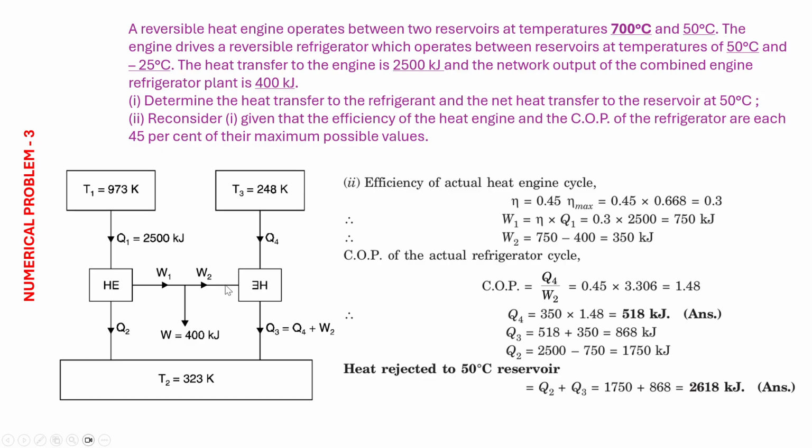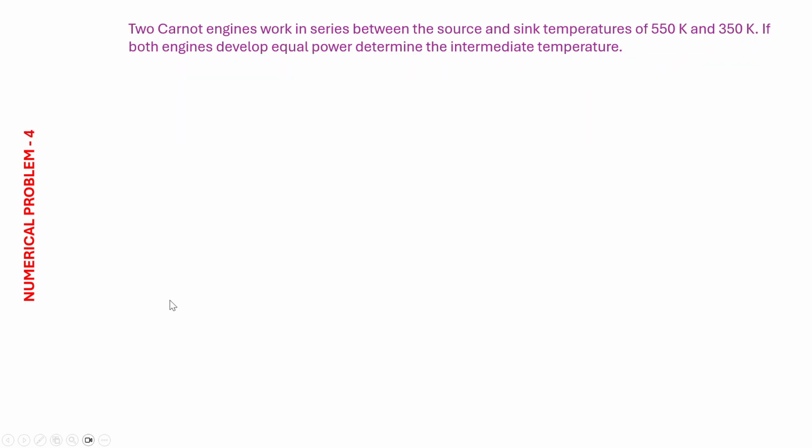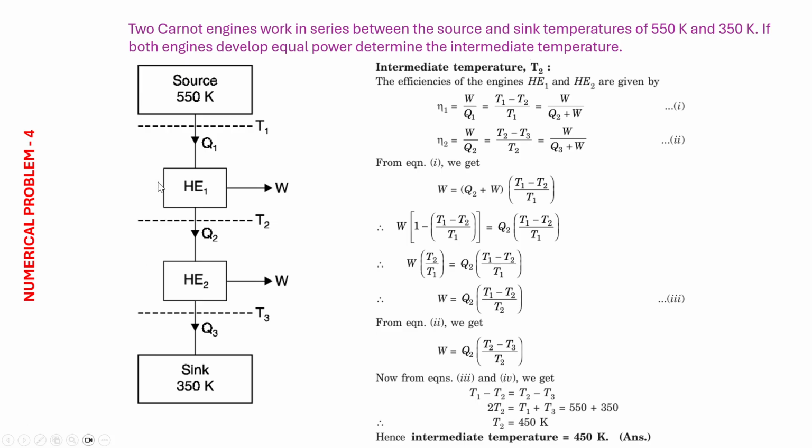But rather than connecting heat engines in parallel, in the current problem we are going to connect heat engines in series. So we are going to arrange the heat engines one above the other, like what we have in the left side graphical illustration. Only two data sets are provided: one is T1 and another one is T2.